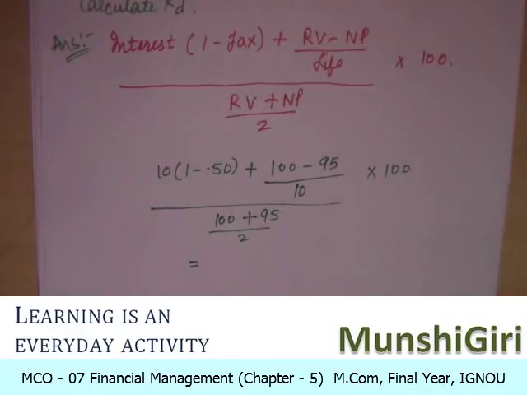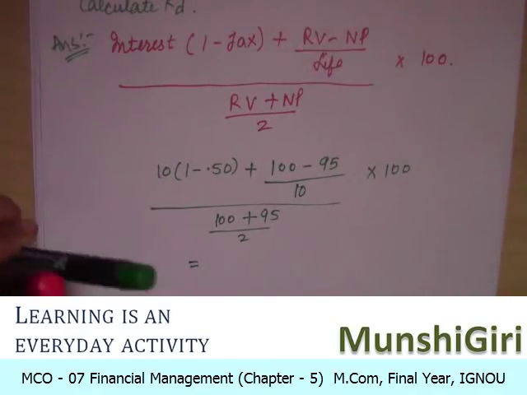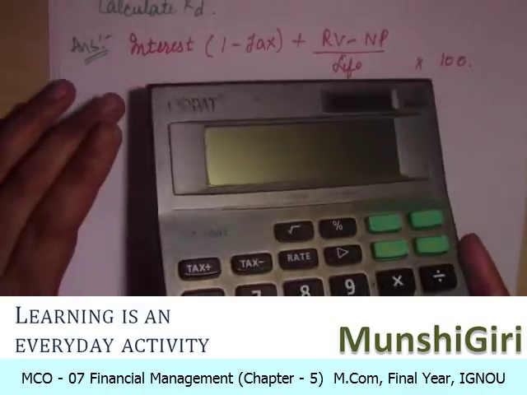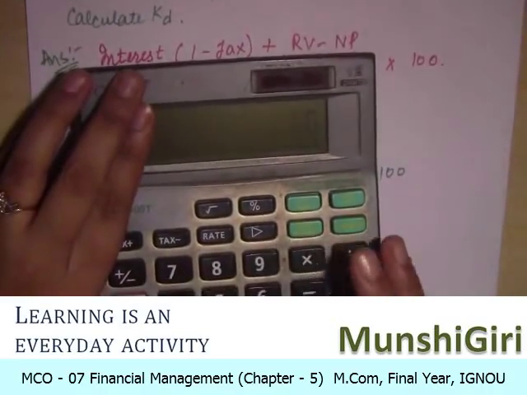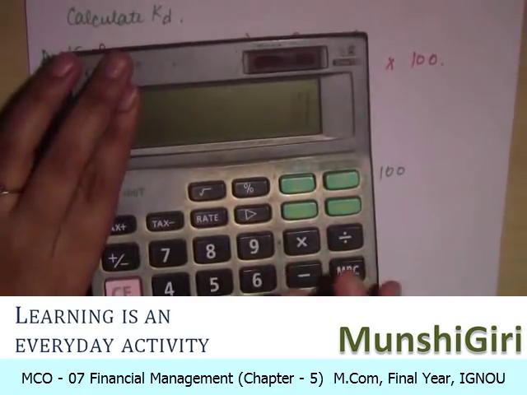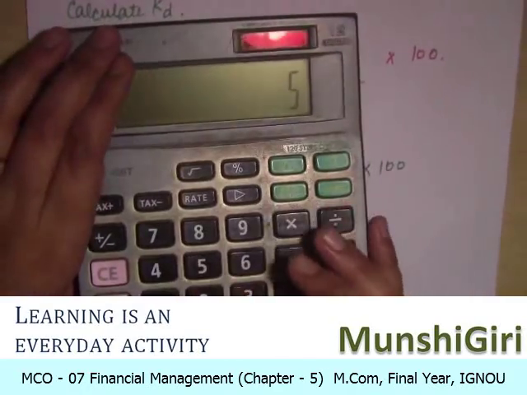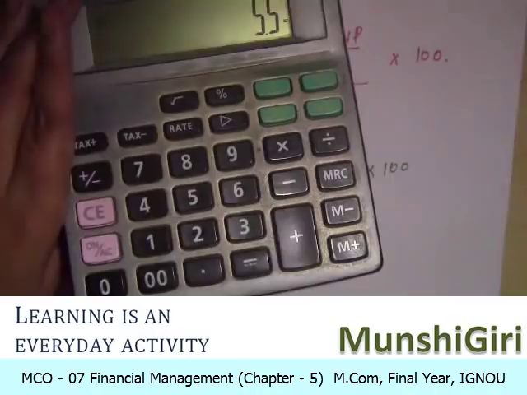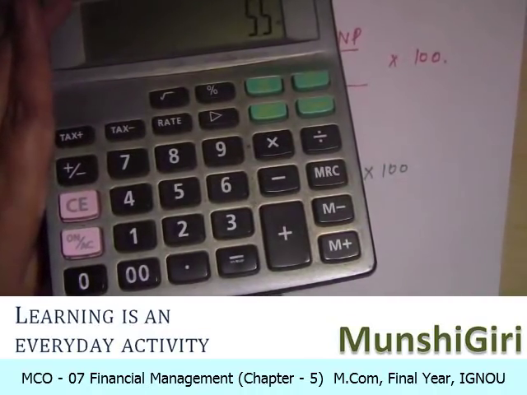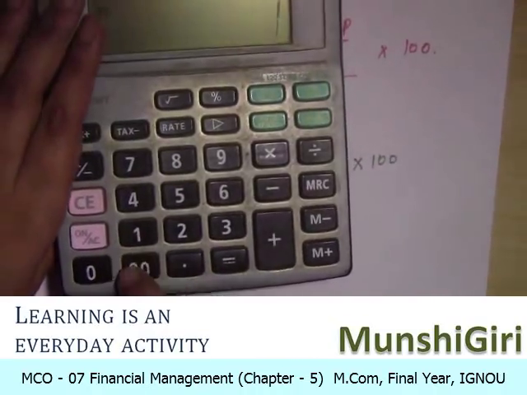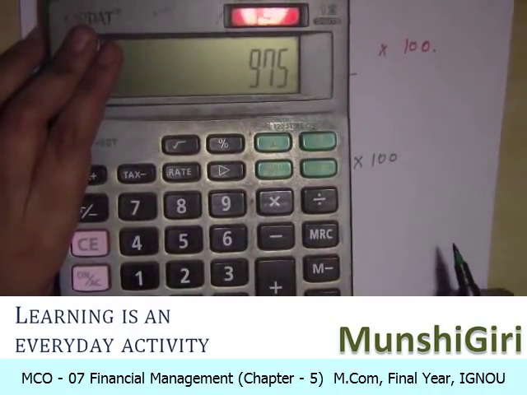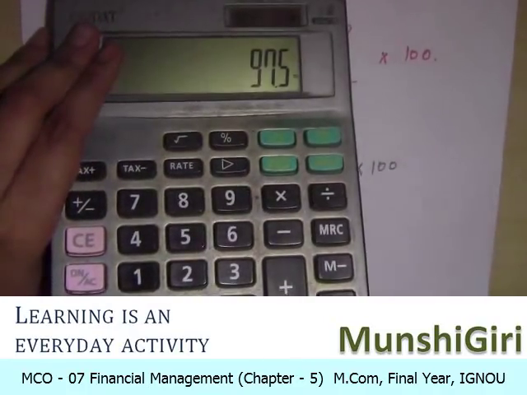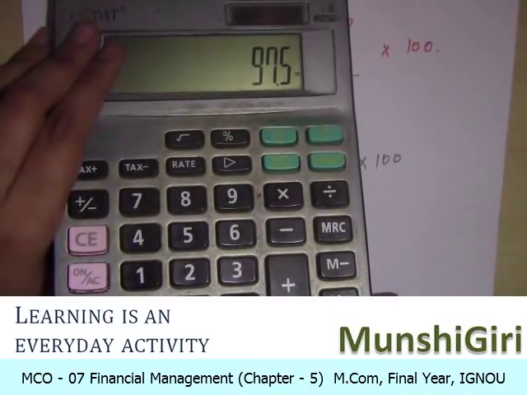So how much does it come out to be? This is (100 minus 95) divided by 10 plus 5, which is 5.5, divided by (100 plus 95) divided by 2, which is 97.5, into 100.